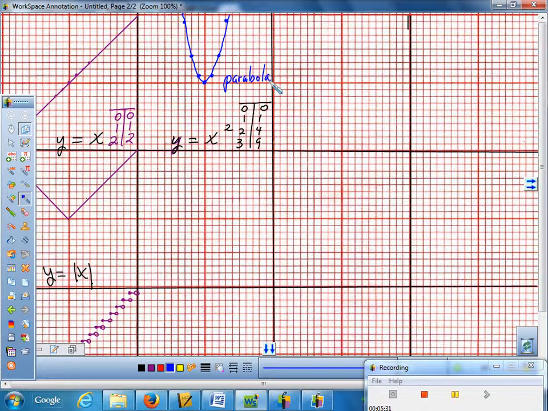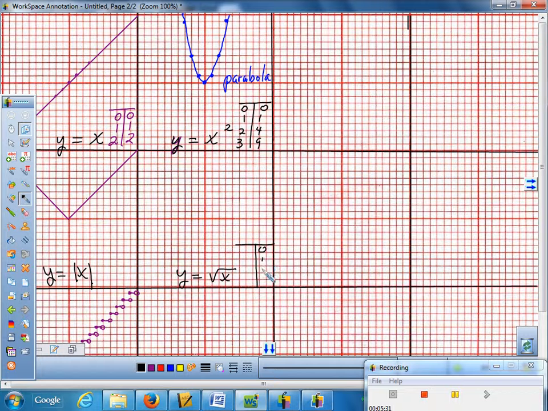Now, obviously there's not another x squared graph I can do, but I can do its inverse and graph square root of x. How does it change these coordinates? Well, the x's and y's just switch.